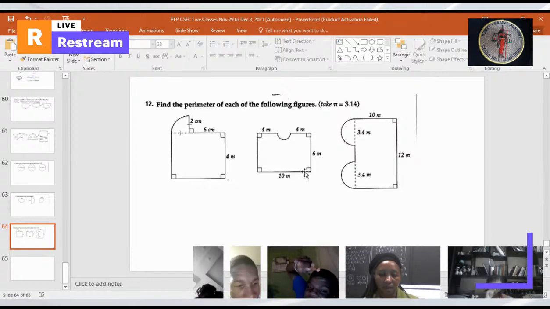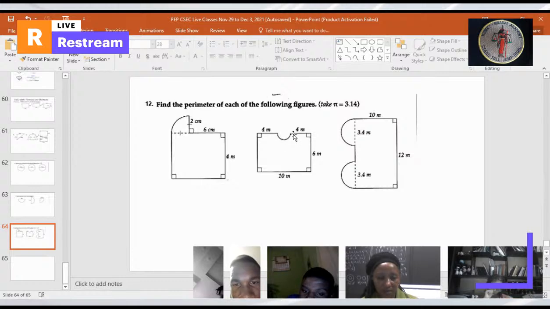How do you know that the little curve is 2? Because of the little squares in the box. So you're saying this curve is 2?